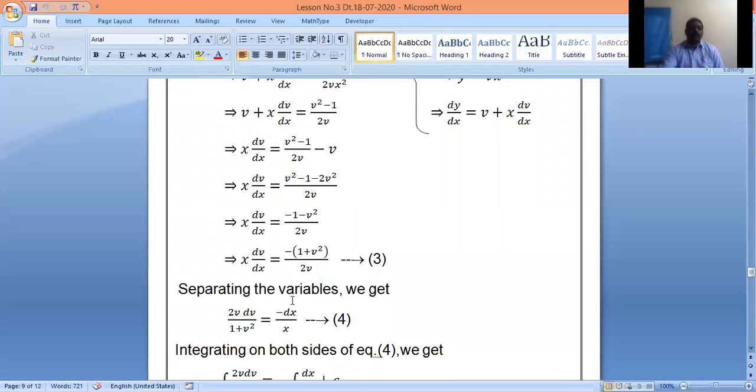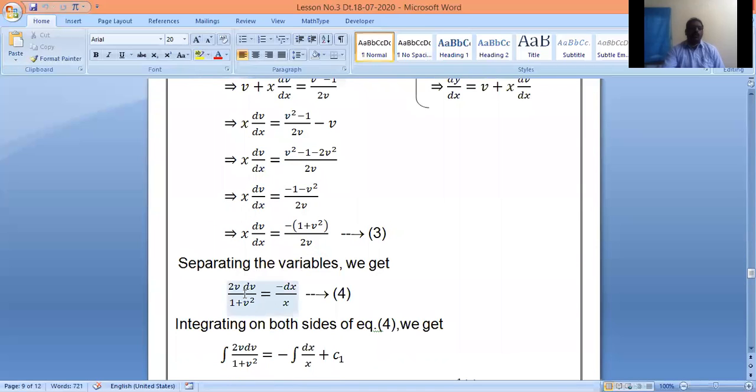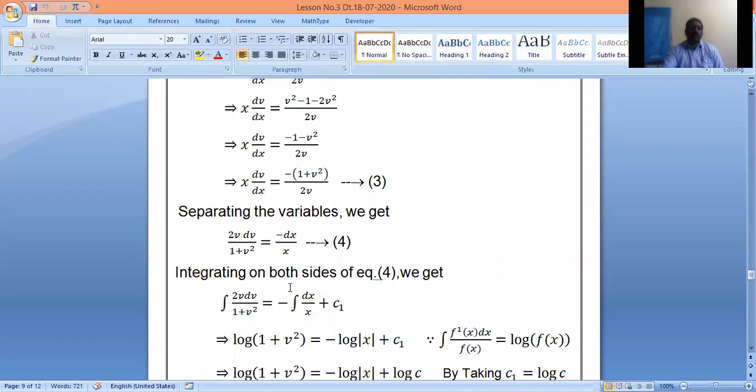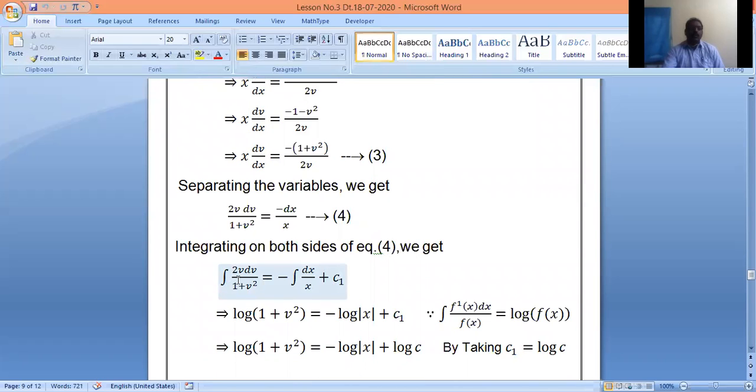By separating the variables, we get 2v by 1 plus v square into dv is equal to minus dx by x. Let this equation be 4. Now, integrating on both sides of equation 4, we get integration 2v by 1 plus v square dv is equal to minus of integration dx by x plus some c1, where c1 is a constant of integration.